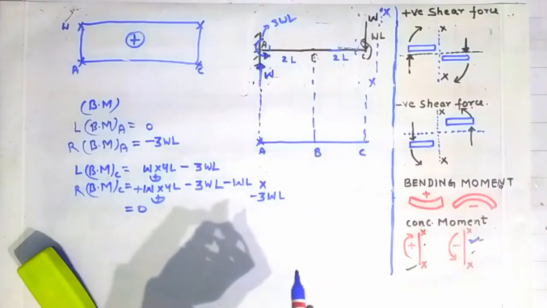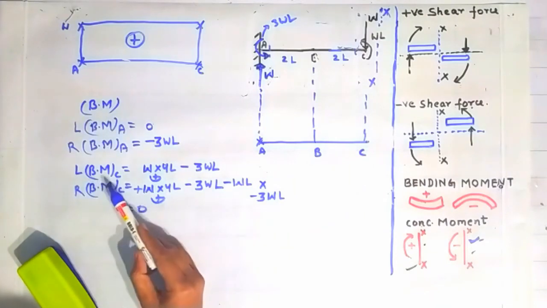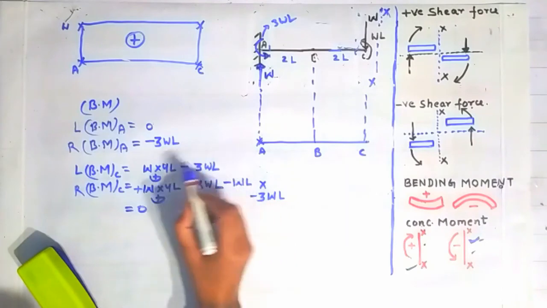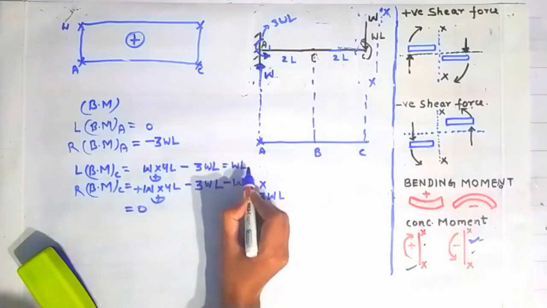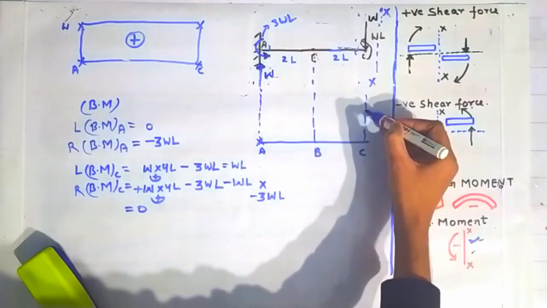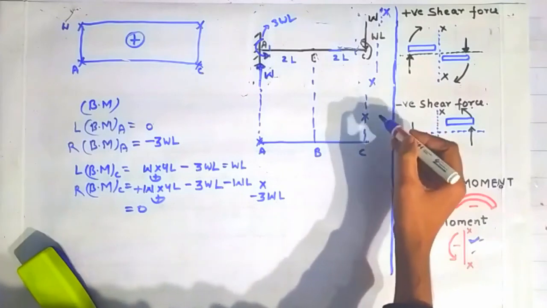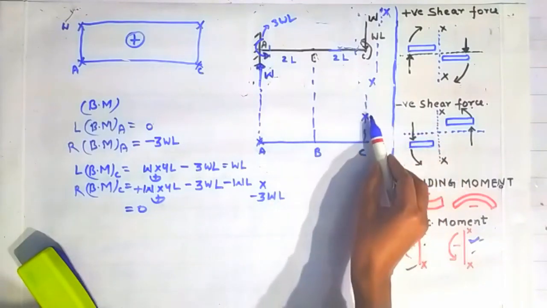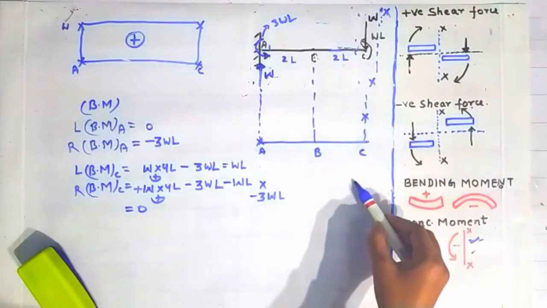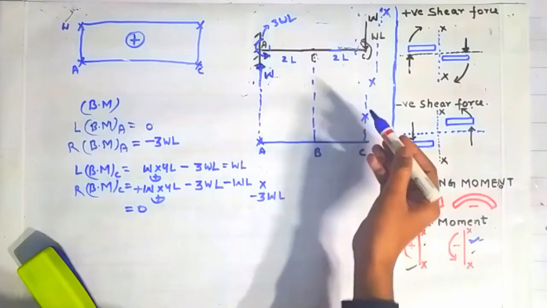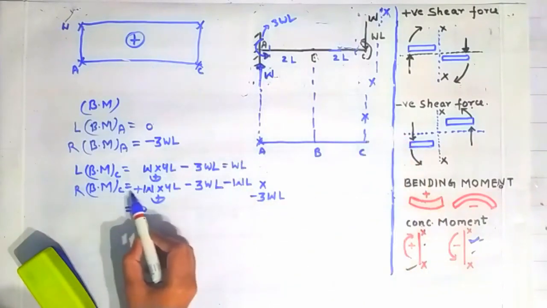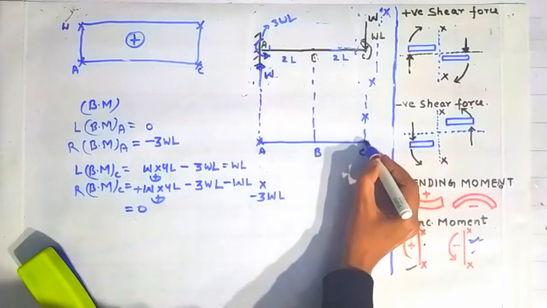And the bending moment on the left side of point C is how much? WL. So it goes somewhere here at point C, above this line, because above this line the bending moment is positive and below this line the bending moment is treated as negative. So the third point is here, and on the right side of point C the bending moment is 0, so the fourth point will be here.